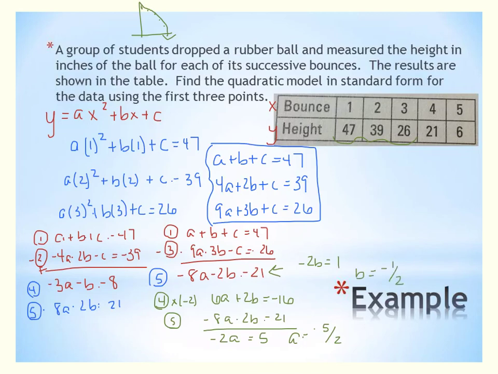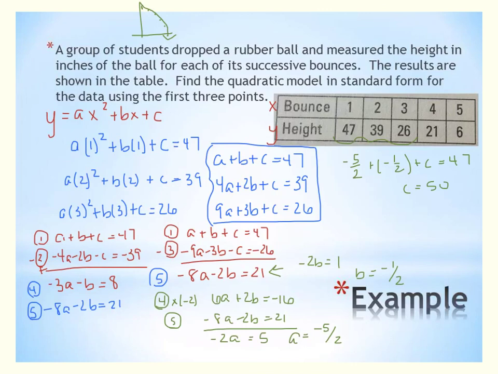And then I'm going to come back up to a. So we're going to have negative 5 halves plus negative 1 half plus c equals 47. So 47, I'm going to add over 5 halves, and I'm going to add over a half, and so c equals 50.